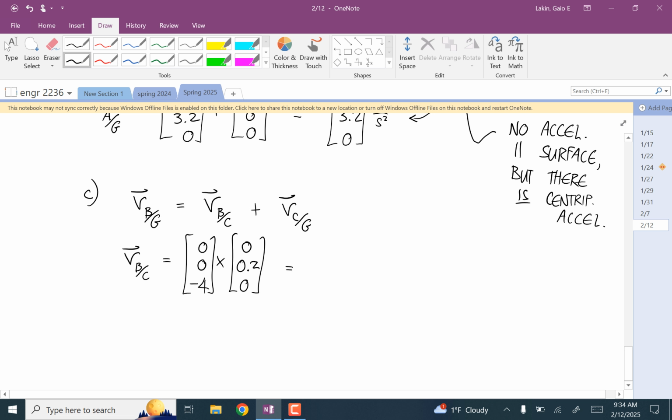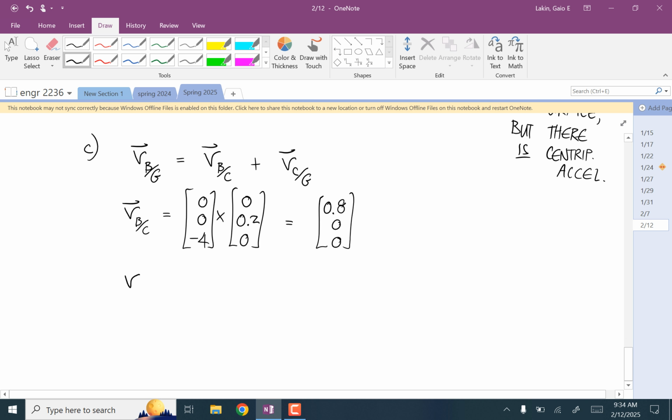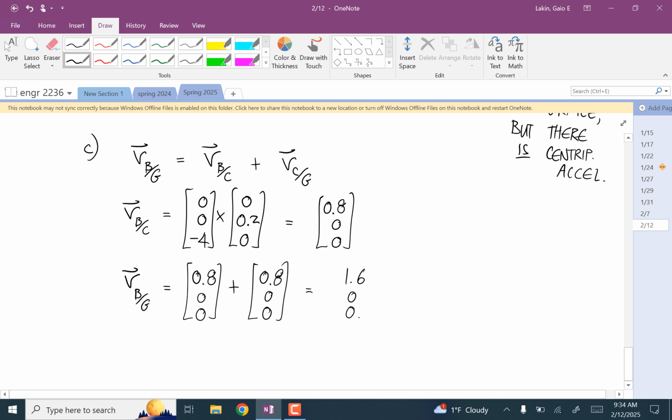And so that is positive 0.800. And so now put these together, and you get that the velocity of B relative to the ground is equal to 0.800 plus the other one was 0.800, and you get 1.600 meters per second.